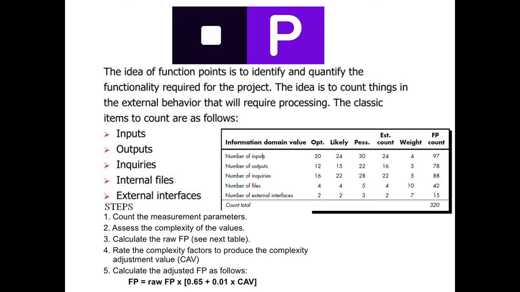Rate the complexity factors to produce the complexity adjustment value. Then we are calculating CAV, the complexity adjustment value. The final step is to calculate the adjusted FP. The adjusted FP is calculated by means of this formula.